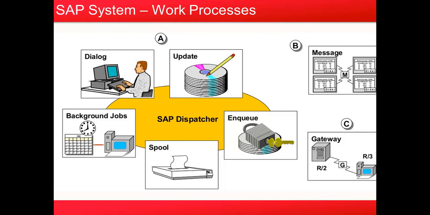Okay, so here you can see that this is your dispatcher, and the types of work processes: you have the dialogue work process, update work process, enqueue work process, spool work process, and the background jobs work process. The update work process takes care of the updates in the SAP system.